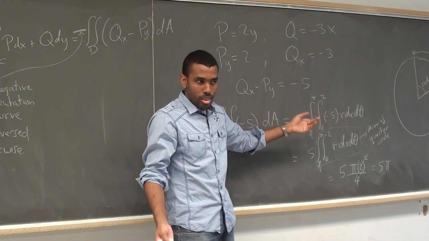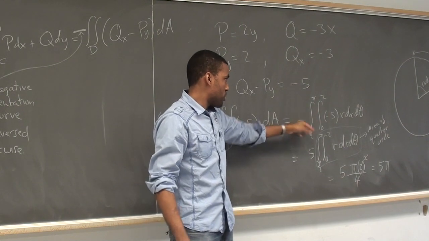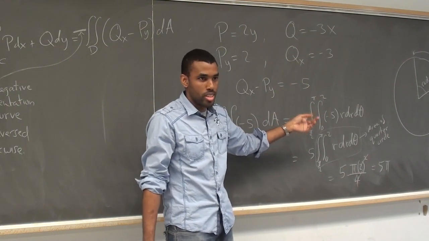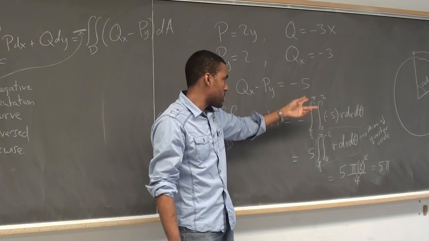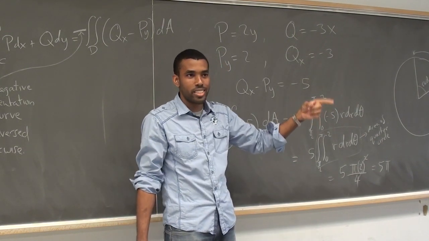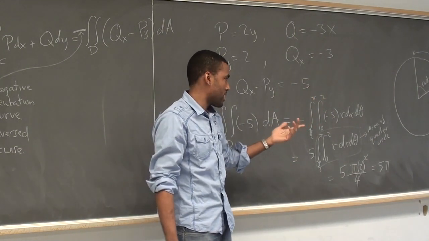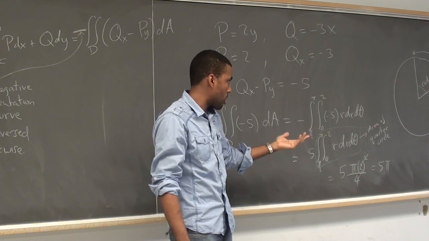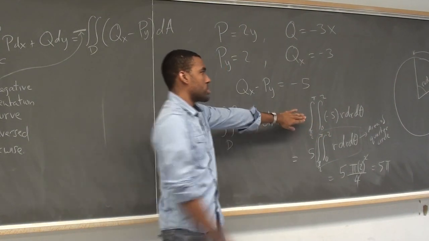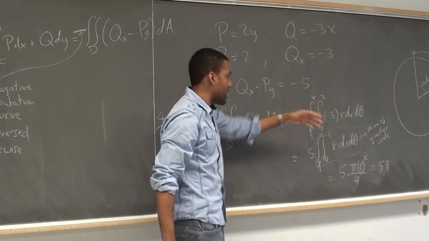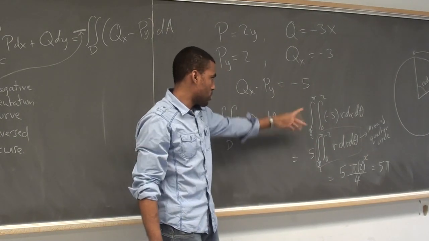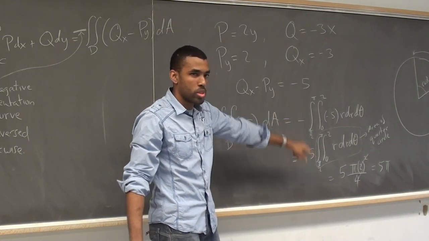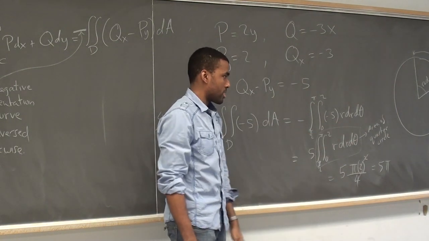They do both. It doesn't make sense. If you're switching this, don't put the negative sign. It's one or the other. Because if you switch this and then put a negative sign, you're negating the negation of your thing. So you just end up right where you started. So that would be wrong. So I usually just tell people, just set it up for positive orientation and then put a negative sign in front. If you want to be fancy and switch this, you should know not to put a negative sign in front, but that's probably asking too much.